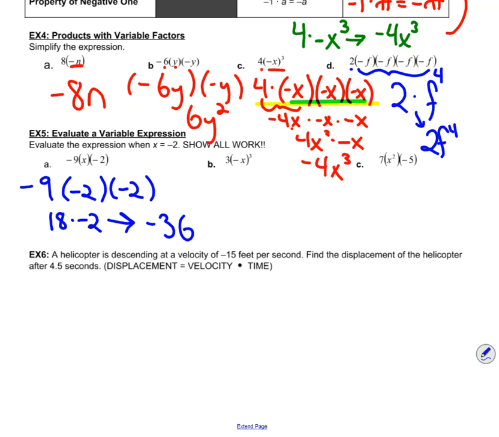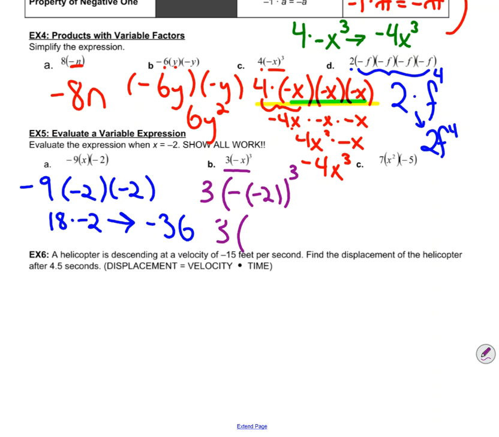B and C are going to be a little bit trickier. Let's start with B. So we're plugging in a -2 into here. So 3 times, in parentheses, -2 cubed. So that's 3 times, then -2.